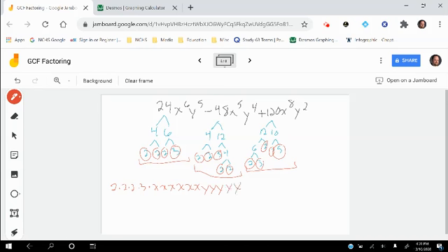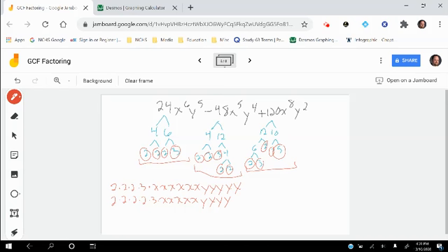Now for the next one, I have 2, 2, 2, 2, and 3. Do put them in order. Then 5 x's and 4 y's. I just list each variable the amount of times the power says.